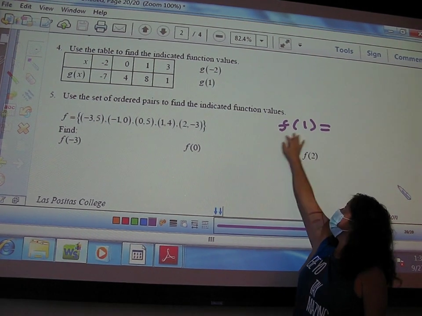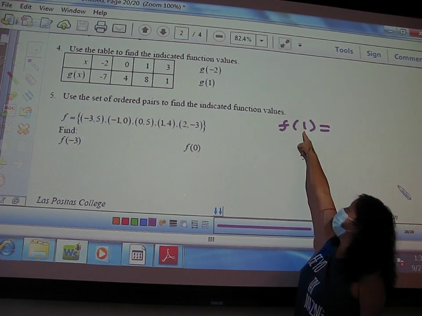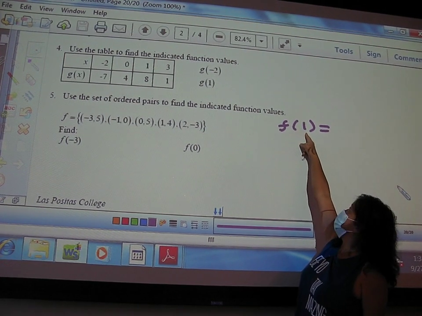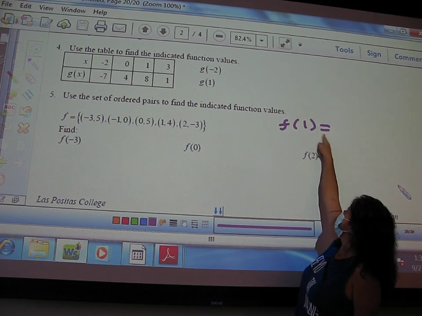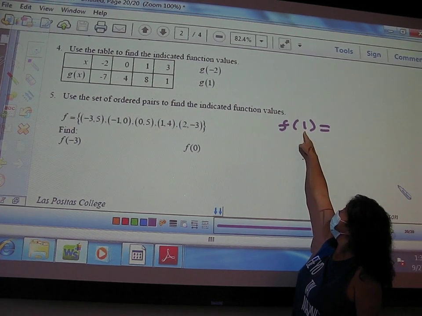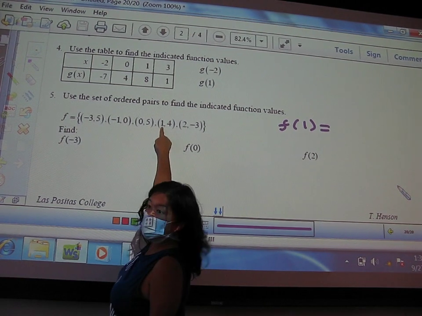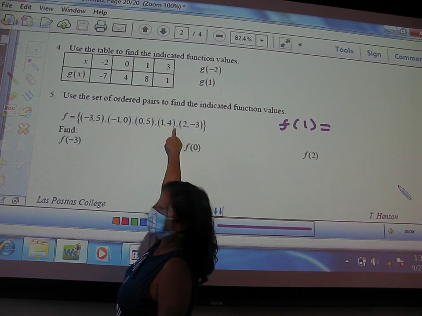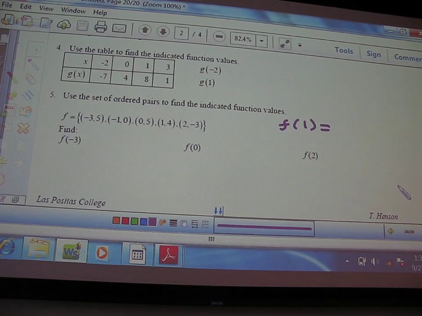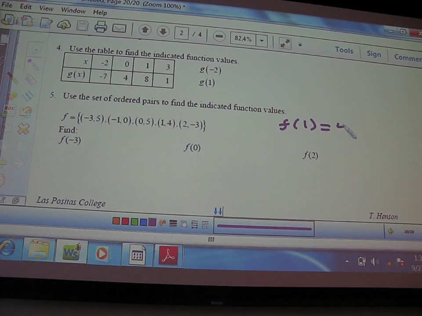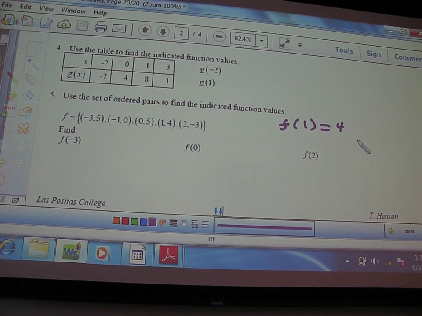Y. It's my y. What's my x? 1. Does everyone understand? So what's my y when x is 1? There's my x. X is 1. What's my y? 4. So f of 1 equals 4. Done.